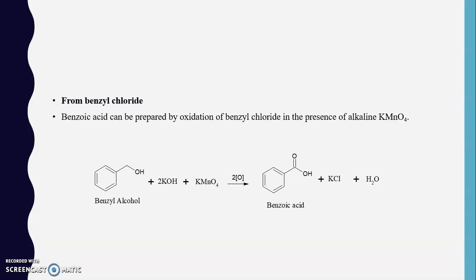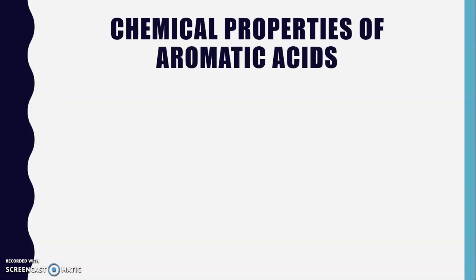Next point that we are going to discuss is the chemical properties that are shown by benzoic acid. So let's start with the chemical properties of aromatic acids. First chemical property that is shown by the aromatic acid, that is benzoic acid, is salt formation. Now broadly, like other compounds, we can divide chemical properties of aromatic acids into two parts.